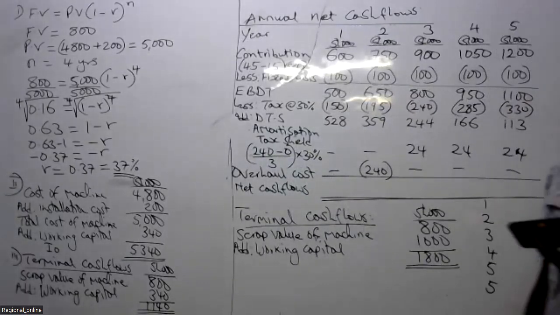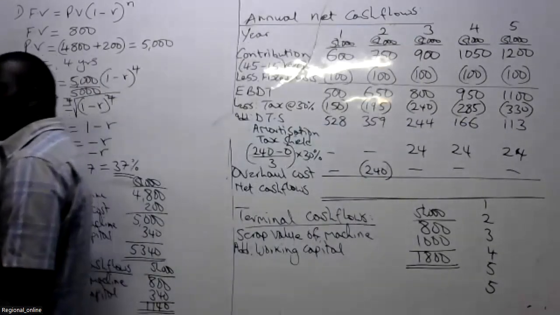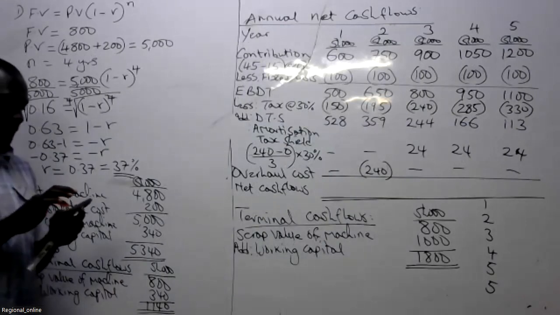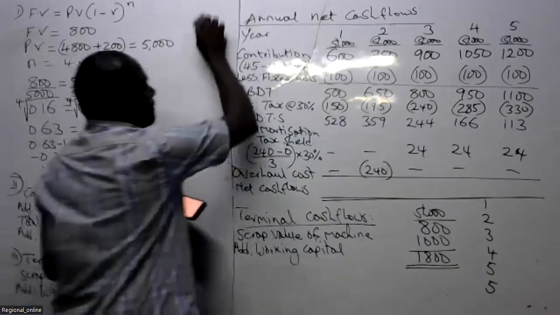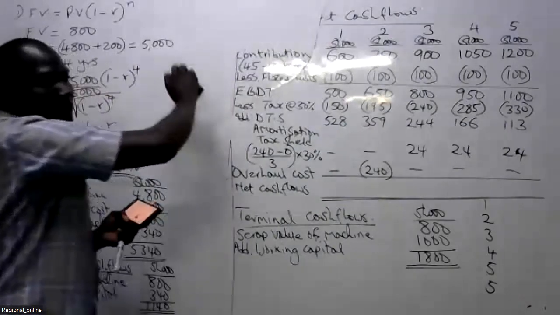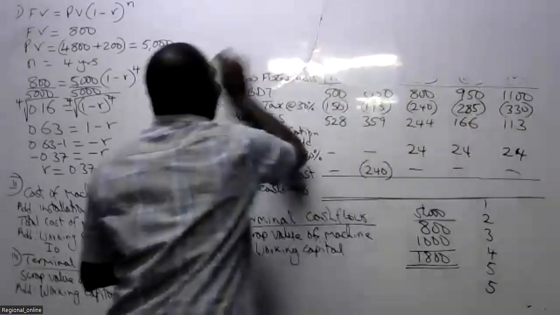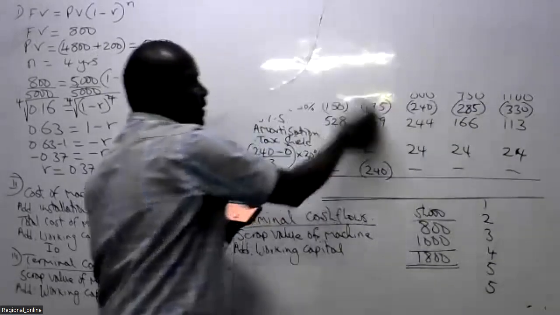Then annual net operating cash flows. Can we start by getting the DTS, because of the reducing balance? How many years? 4 years.